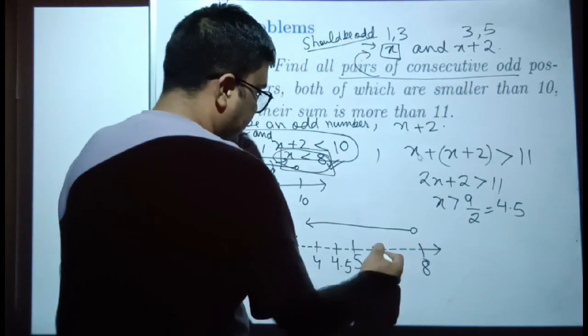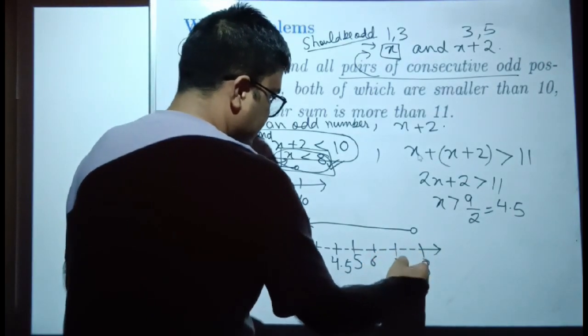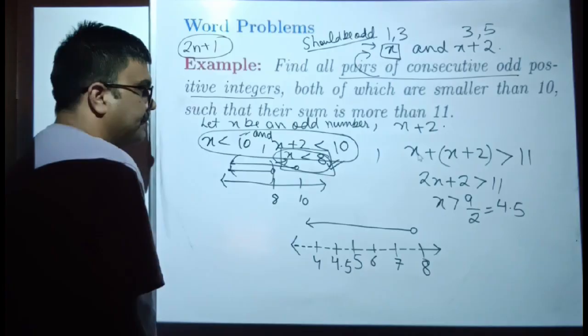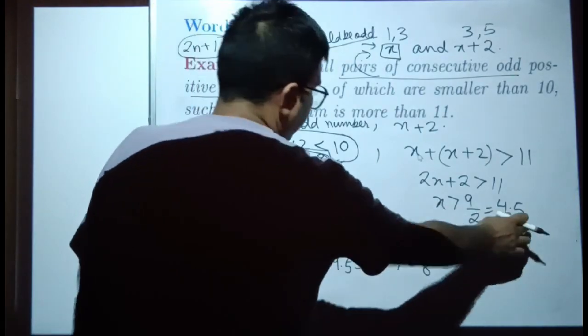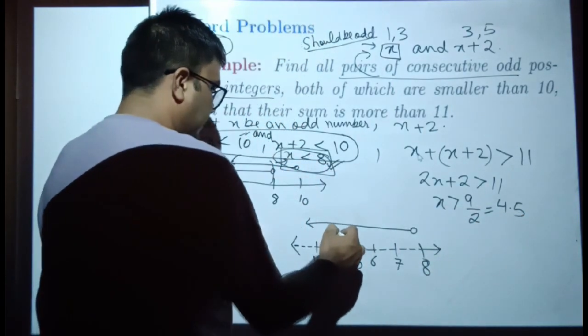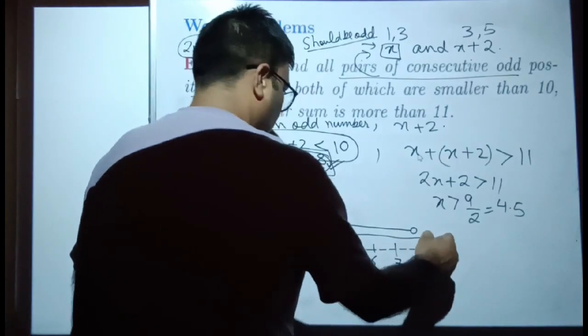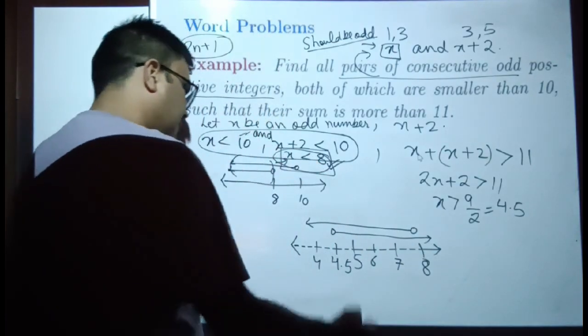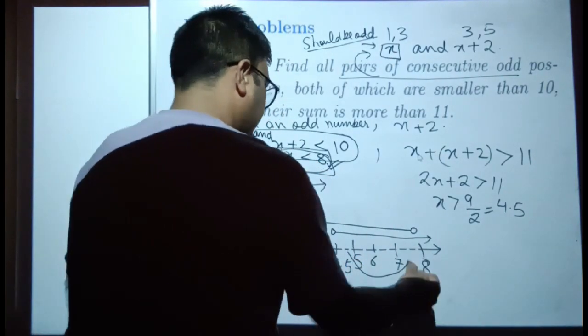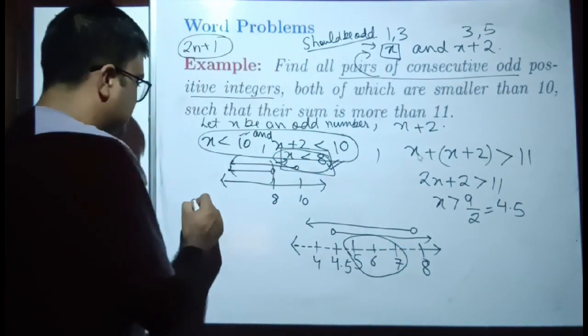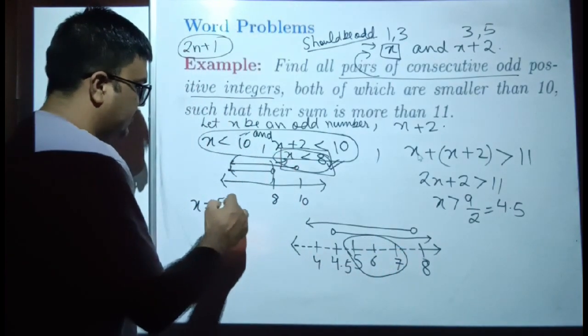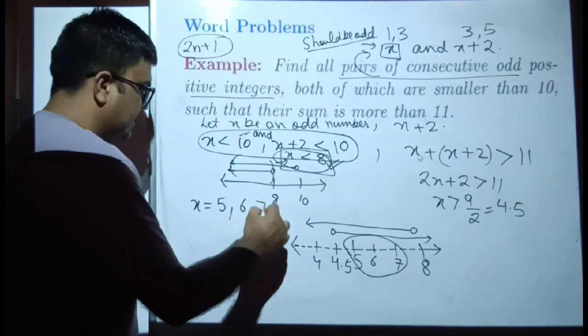So we are talking about the integers 5, 6, 7 and 8. We are saying x should be greater than 4.5. So what are the possible values over here? The possible values of x that we can have are 5, 6 and 7.